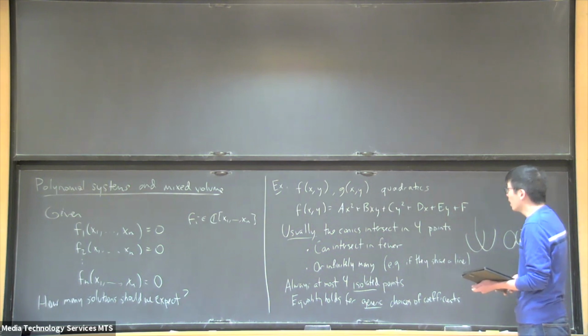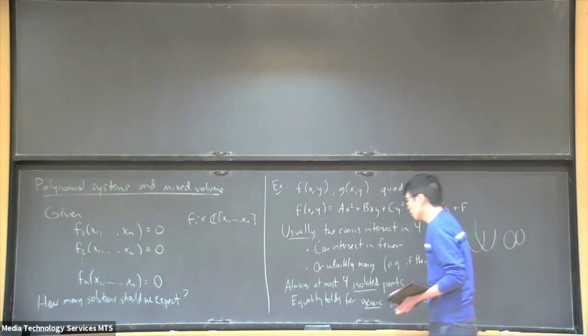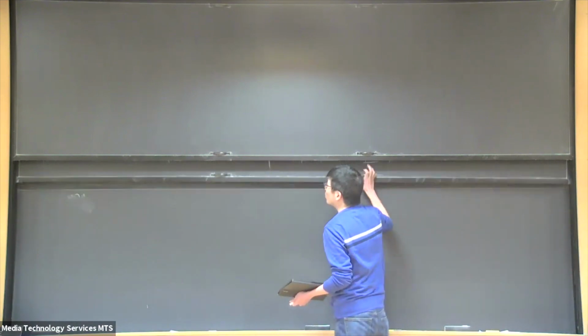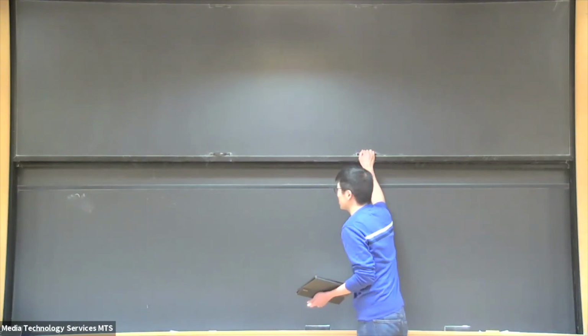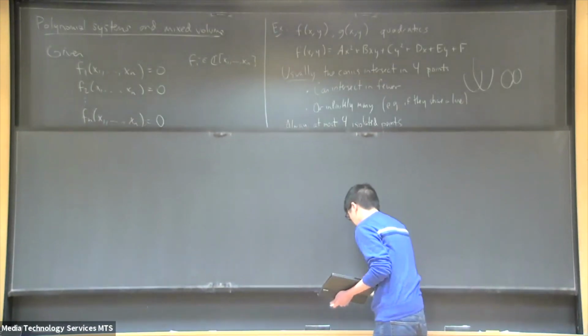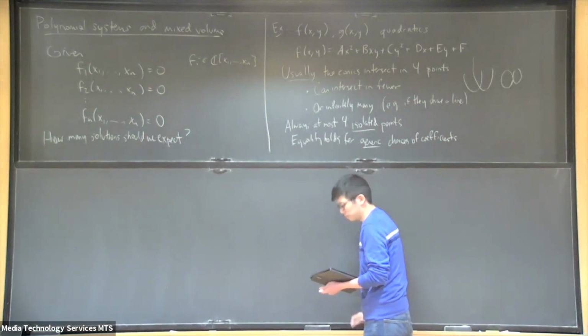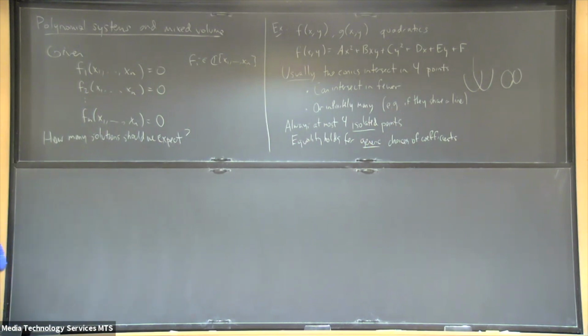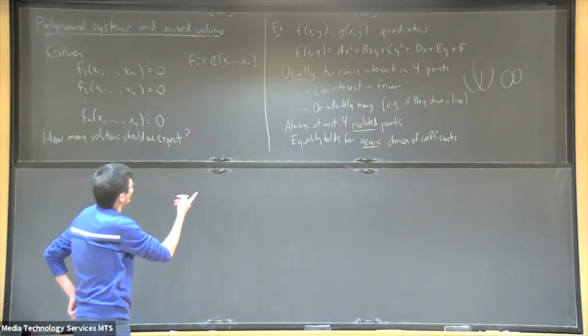And so, of course, where does this number 4 come from? This was recognized way back in the day, perhaps as far back as Newton, probably. So why 4?